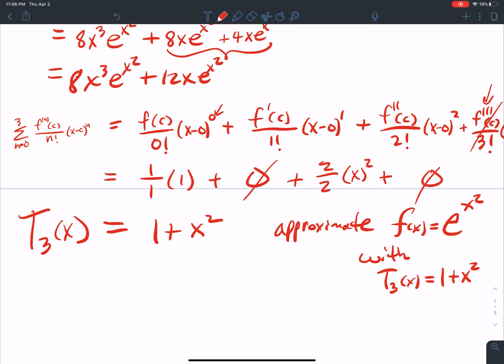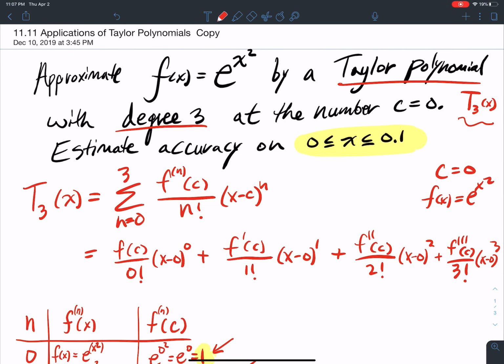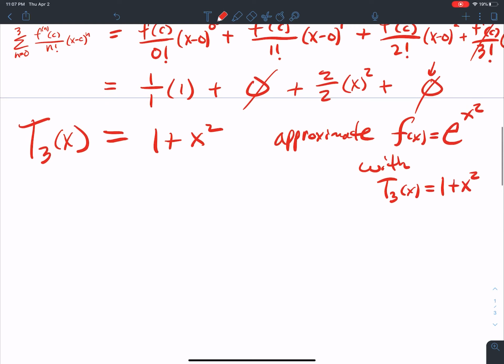It just turned out that third one there had a coefficient of 0 that made it go away, right? So keep that in mind there. The n, okay, this tells you how many terms to go out to. It doesn't necessarily mean that you're going to have a polynomial of degree equal to 3.